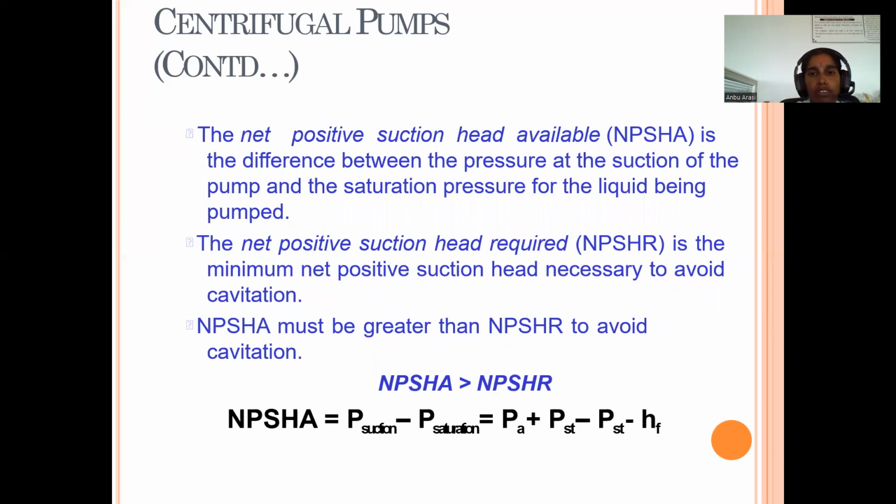The net positive suction head available is the difference between the pressure at the suction of the pump and the saturation pressure for the liquid being pumped. The net positive suction head required is the minimum net positive suction head necessary to avoid cavitation. NPSHA must be greater than NPSHR to avoid cavitation.